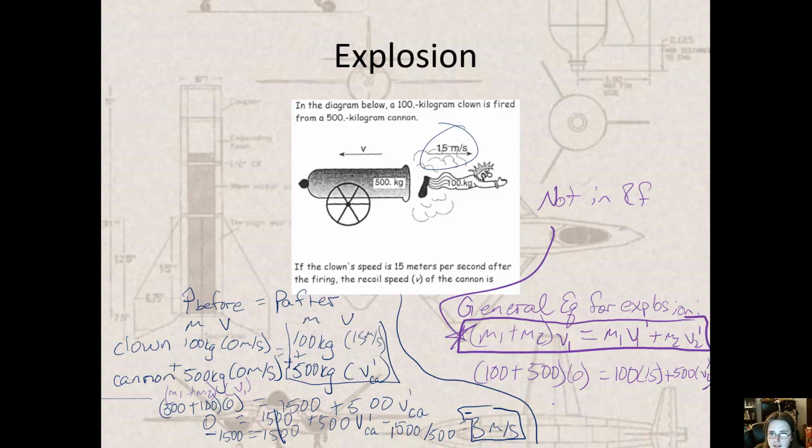Okay, so then it's 0 is equal to 1500 plus 500 V2 prime. And we get negative 1500 equal to 500 V2 prime, divided by 500, divided by 500, with that negative sign. Okay? Thank you.